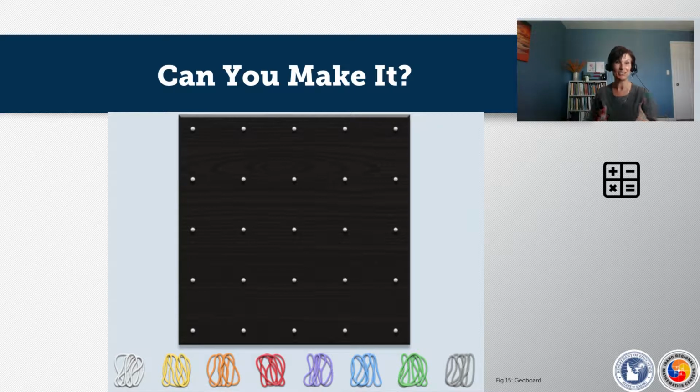Can you make a shape with 3 or 4 or 5 or 6 square corners? Can you make a shape with 2 pairs of parallel lines? Can you make a shape with 2 pairs of parallel lines and no right angles?